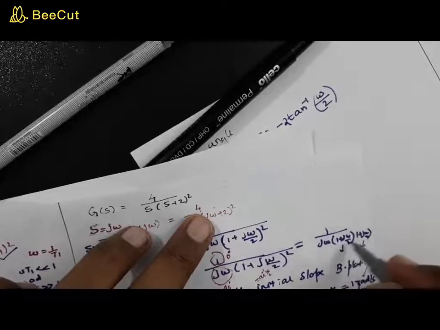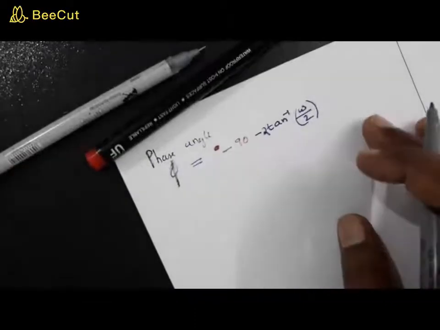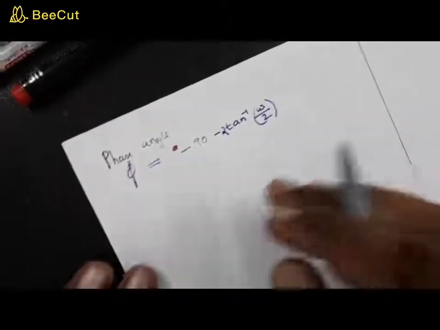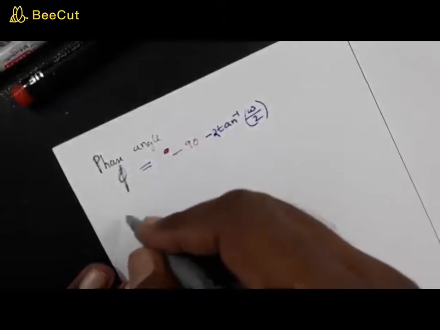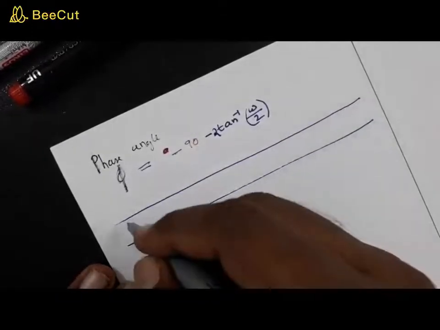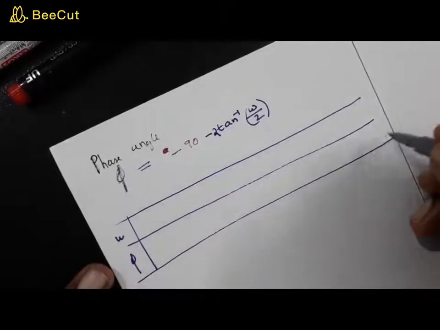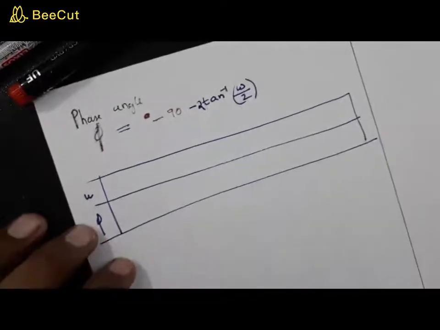When you add this together, it will be 2 tan inverse omega by 2. So this is minus 90 minus 2 tan inverse omega by 2, and I'm going to have a tabular column with omega and the corresponding phase. Okay, right?